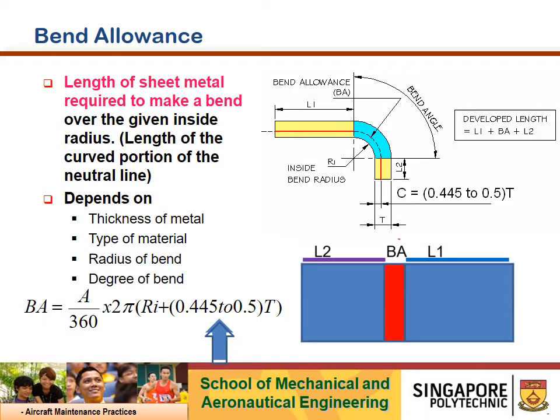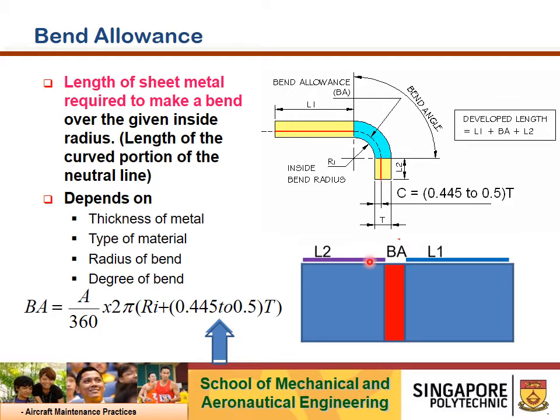Bend allowance. What is bend allowance? It is the length of sheet metal required to make a bend over the given inside radius, which is the bend radius. In this case, Ri here represents the inside bend radius. The cyan region here is the bend allowance, as shown. So in this case, as shown in the slide here, the bend angle required is 90 degrees.